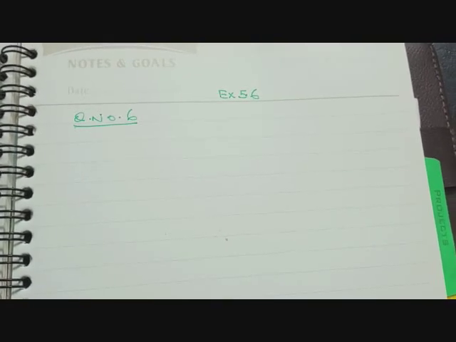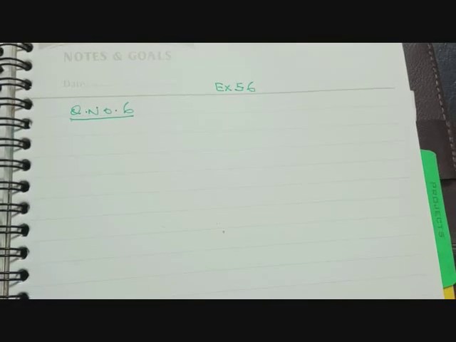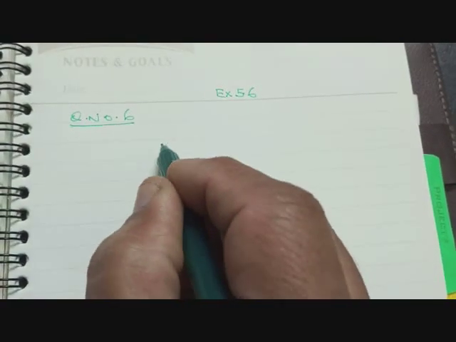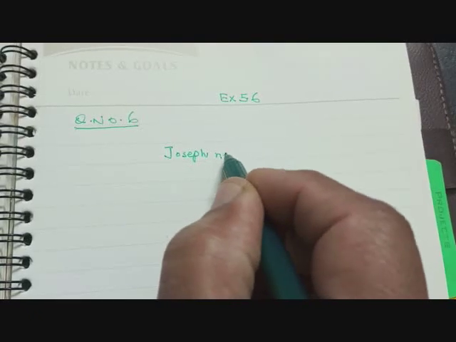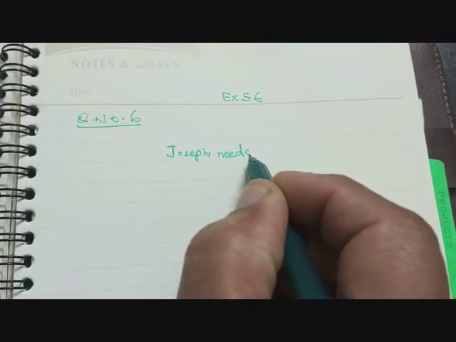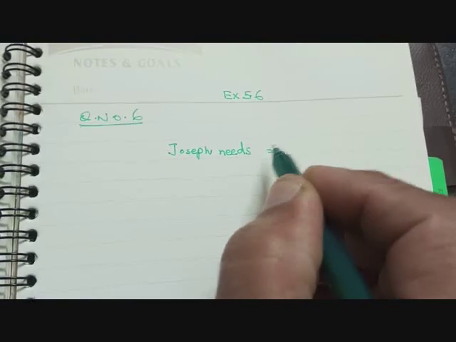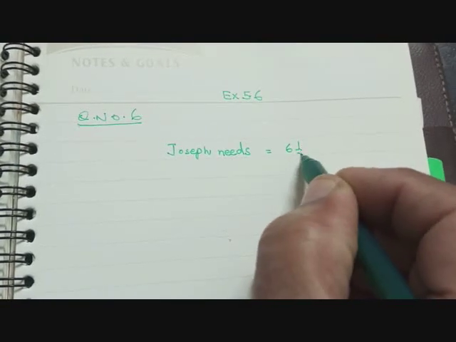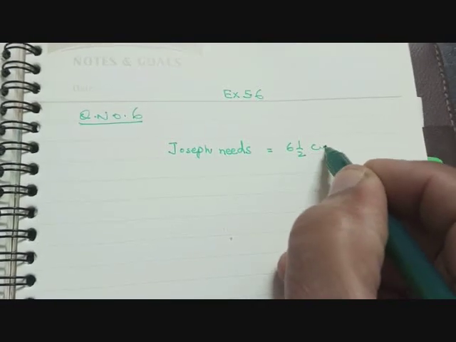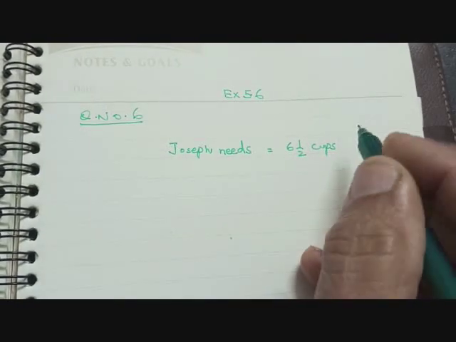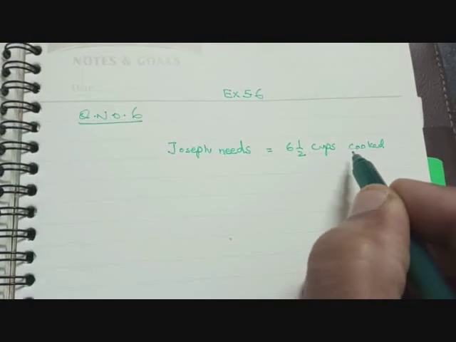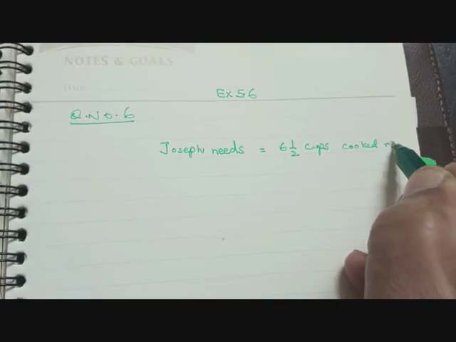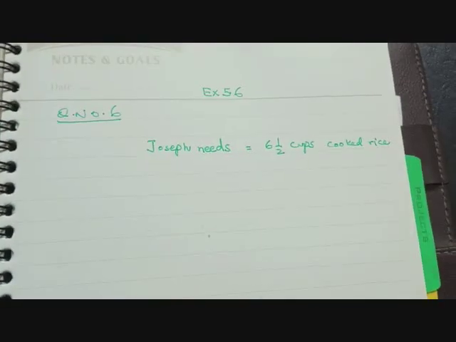The data which is given is that Joseph needs 6.12 cups of cooked rice for a recipe.